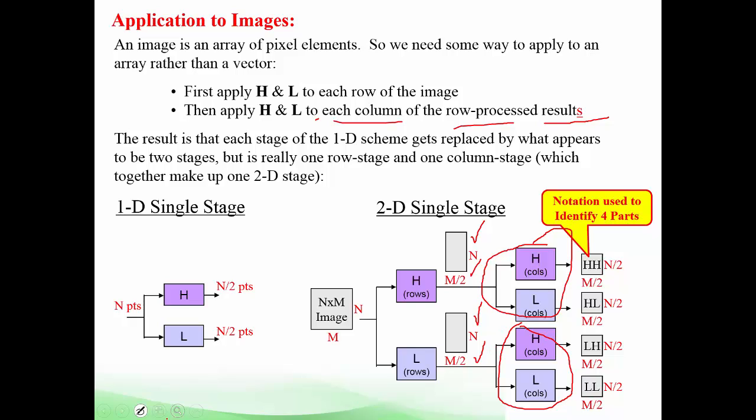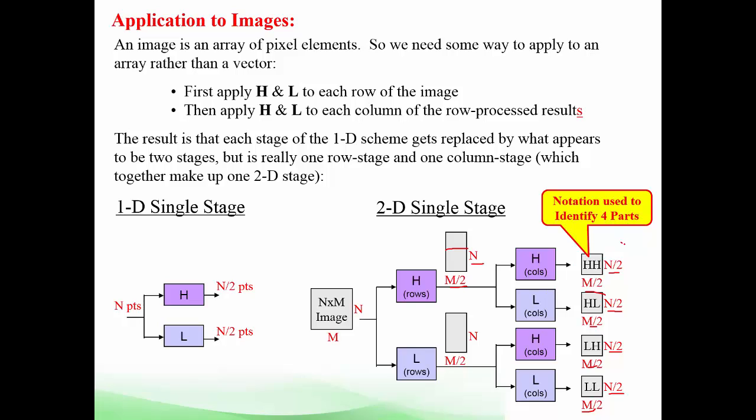And so each of those is going to cut the number of rows in half. So it went in as n by m over 2. It's now going to cut this in half this way. So I end up with n over 2, n over 2, n over 2, n over 2, and all of these are the original m over 2 that we had before.